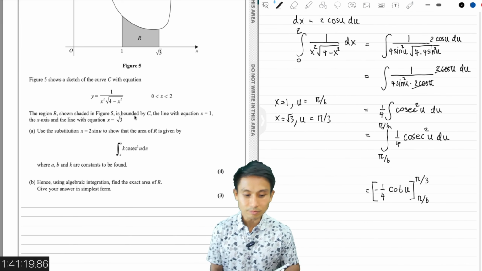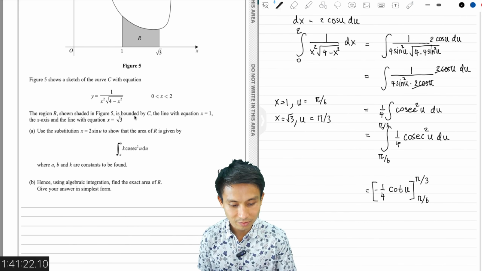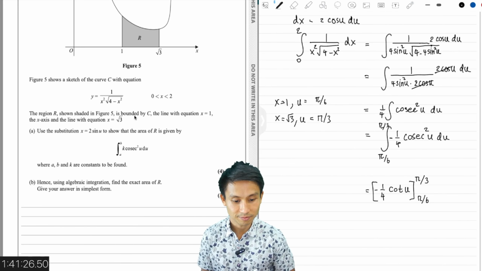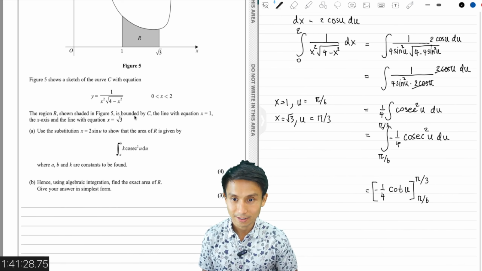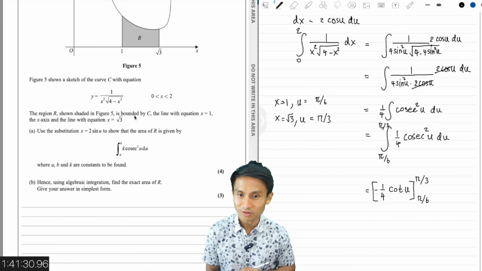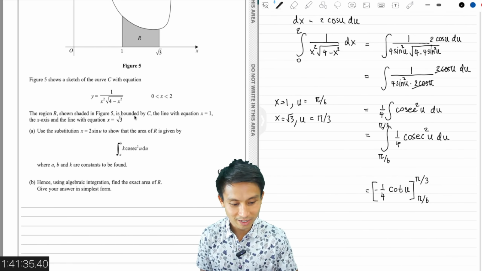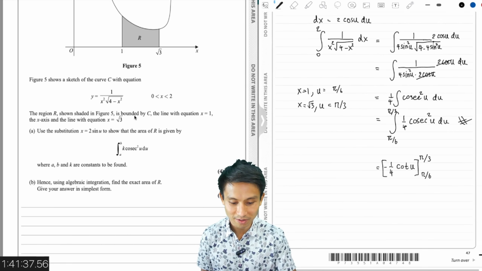Yeah? Wait, a minus sign as well. There you go. K is a constant to be found. Yep, minus sign. Wait, no, there's no minus yet because I haven't integrated. All right, almost made a mistake there. Okay, it's going to be minus when I do part B.